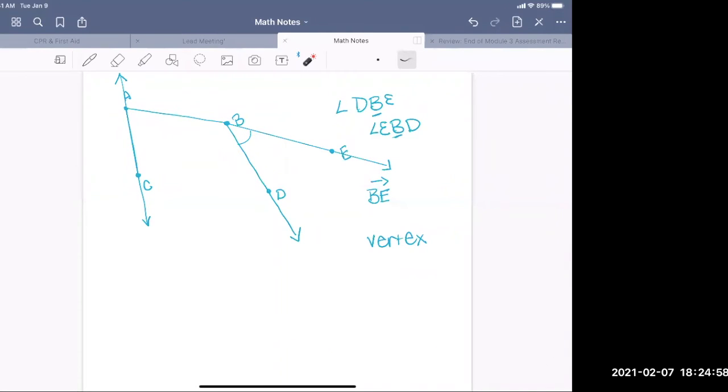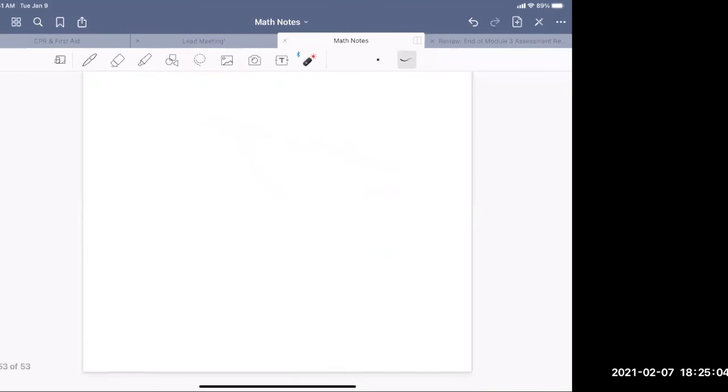Okay, next you want to go to the bottom of your paper or a new piece of paper. I'm going to go to the bottom of mine. And you want to sketch a rectangle. Okay, use your straight edge to keep your line straight.